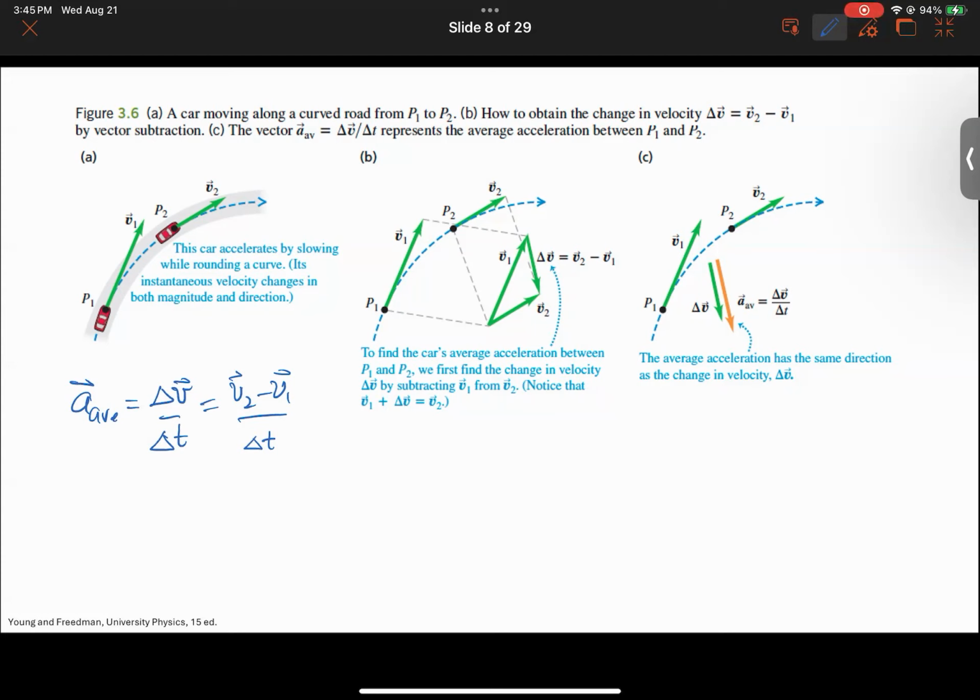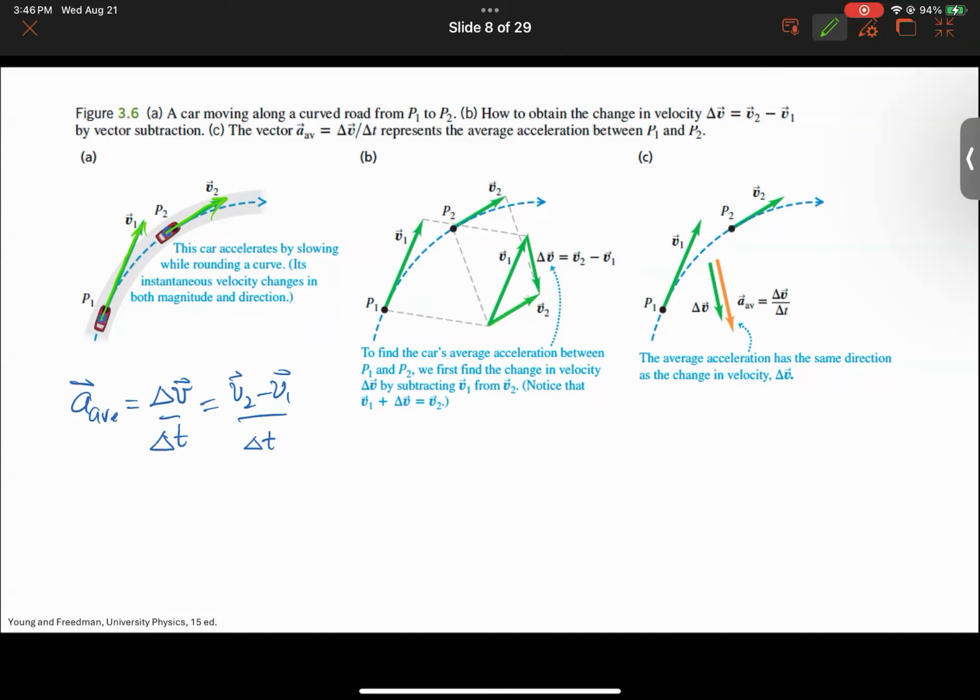where v2 and v1 ay yung final and initial velocity vectors respectively. So halimbawa kung yung kotse ay nagta-travel from position P1 to position P2, at position P1, yan yung kanyang velocity, and then at position P2, ito yung kanyang velocity. Okay, to get V2 minus V1, we can do that graphically, di ba?